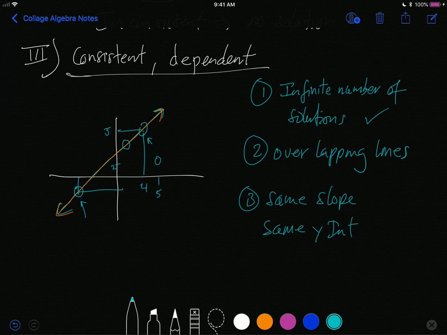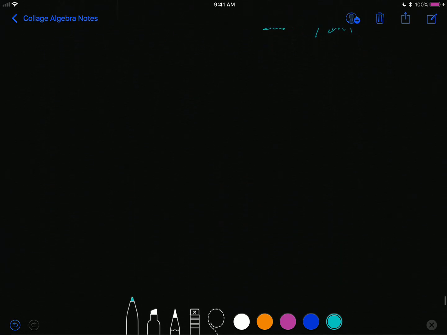Let's look at an example of a consistent but dependent solution. Say I have 2x plus y equals 2, and I have 6x plus 3y equals 6. Let's eliminate the y's.